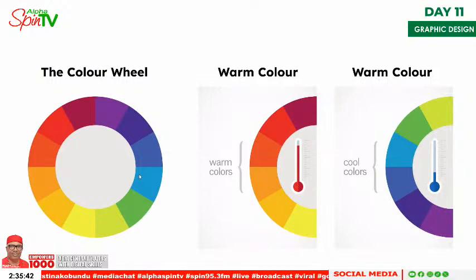So please, this is the cool color. This is the warm color. Are we together? The illustration is there already. That was just a mistake while I was trying to lay emphasis on it.